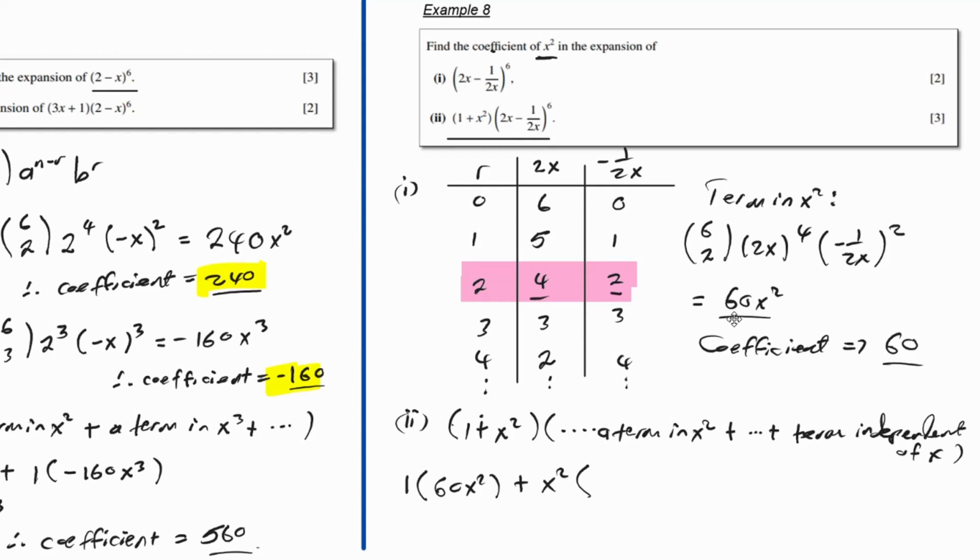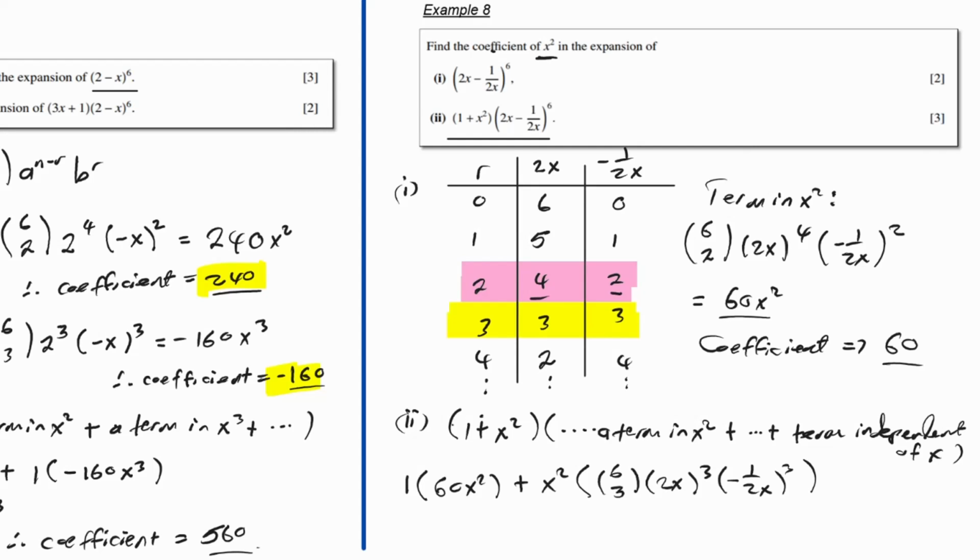The term independent of x should happen when r is equal to 3, because that's when the x's will cancel. So that's basically 6 choose 3 of 2x to the power of 3 and negative 1 over 2x raised to the power of 3.